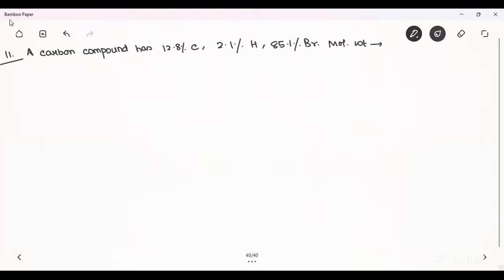Molecular weight is given to be 187.9. So calculate the molecular formula.